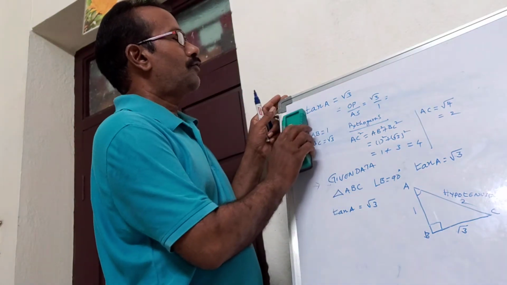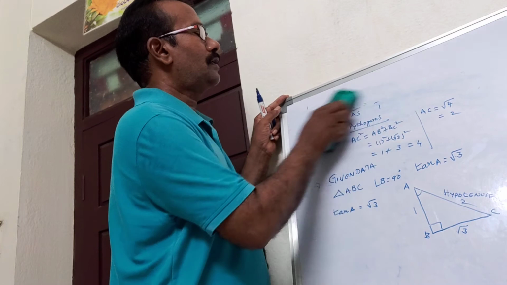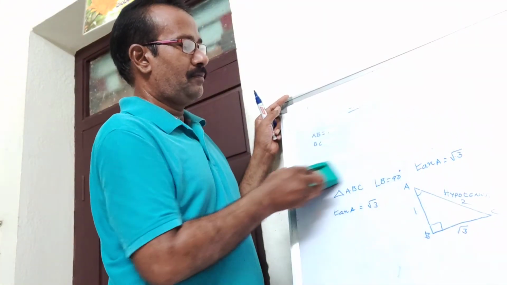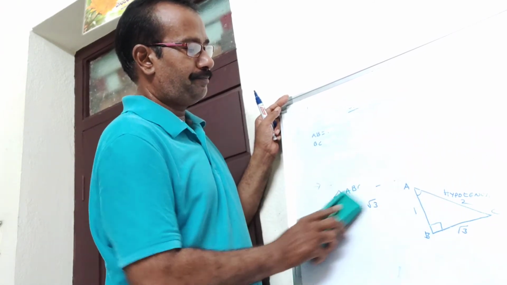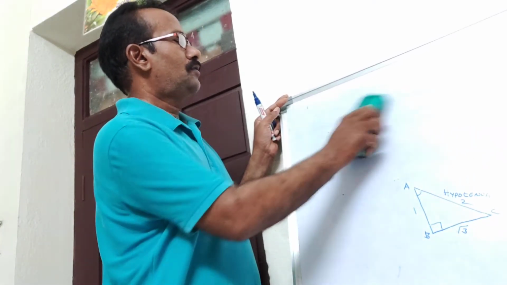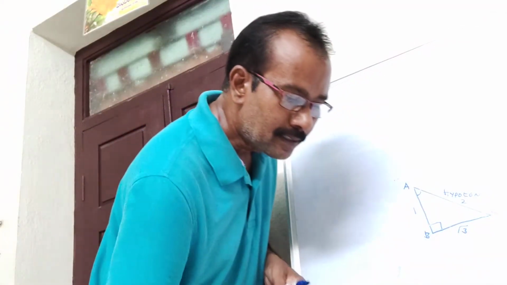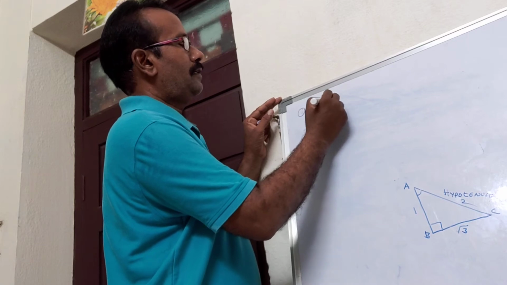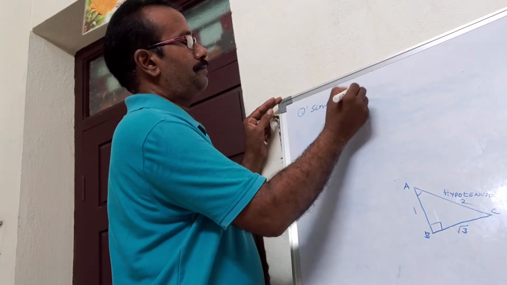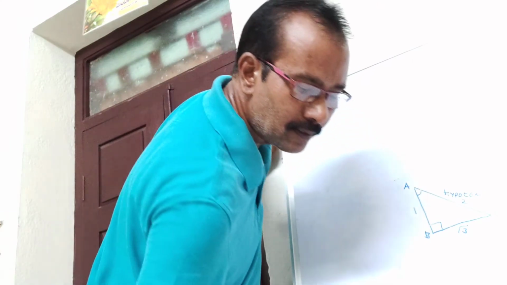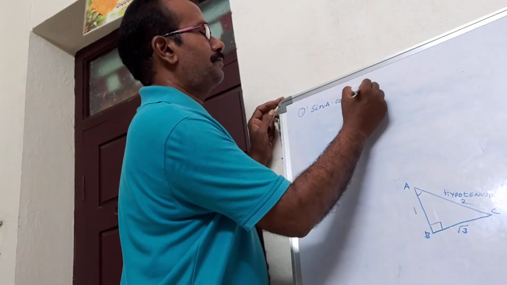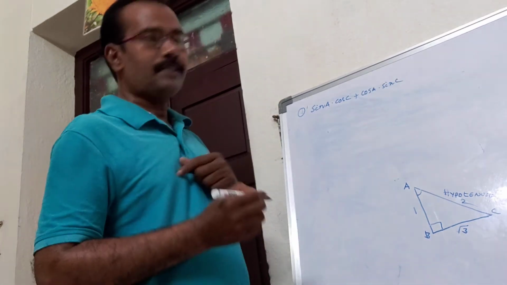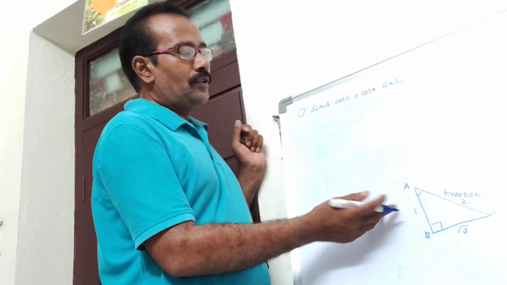Now we go for the first bit. What is the first bit here? Sin A cos C plus cos A sin C. Already we know the values.